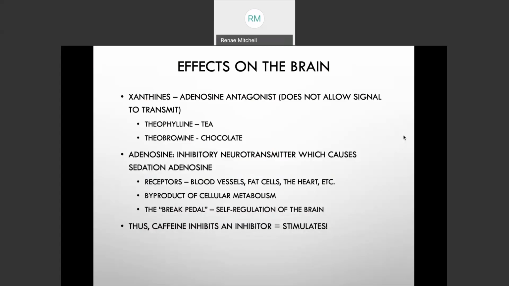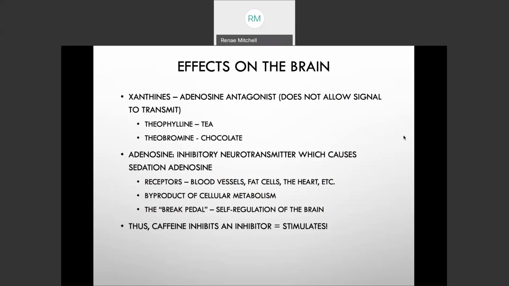There's theophylline, which is in tea, and theobromine in chocolate. Both of these are types of xanthines, which are substances that are similar to adenosine, so much that they can block the receptor site of adenosine, but then stop that signal from progressing. So that's the antagonist part.